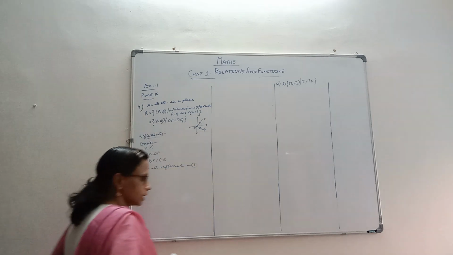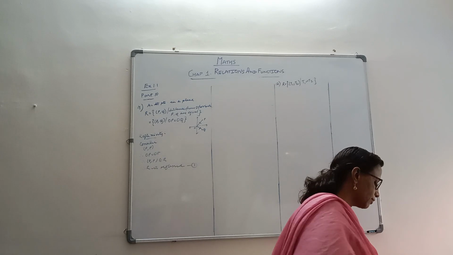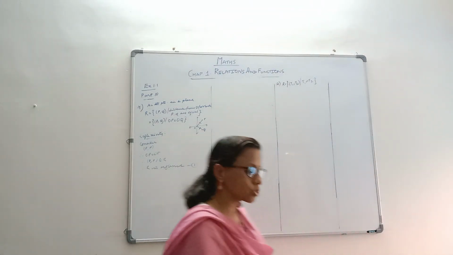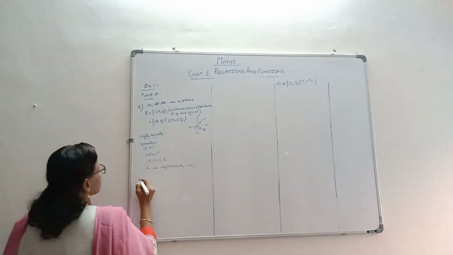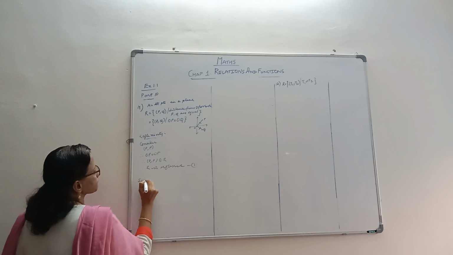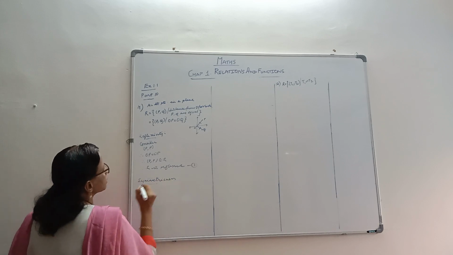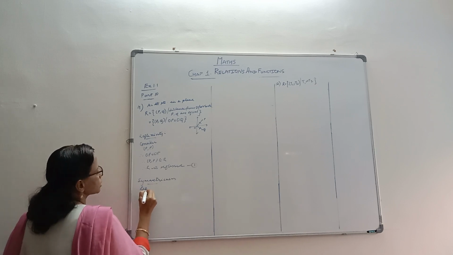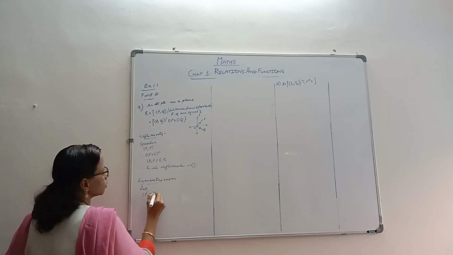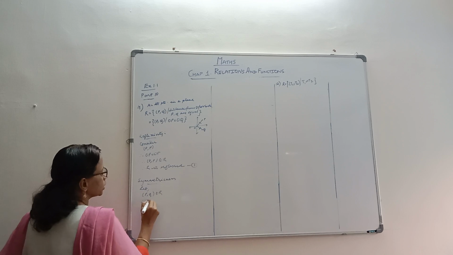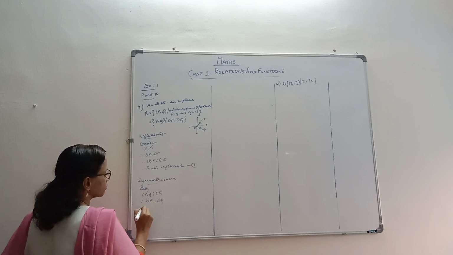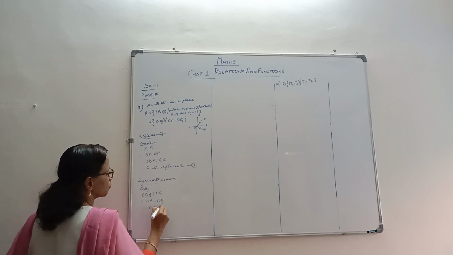Then we have to go in for symmetry. So let's talk about the symmetry. What happens here? Let P comma Q belong to R. What is the meaning? That OP equal to OQ, or in other words, OQ equal to OP.